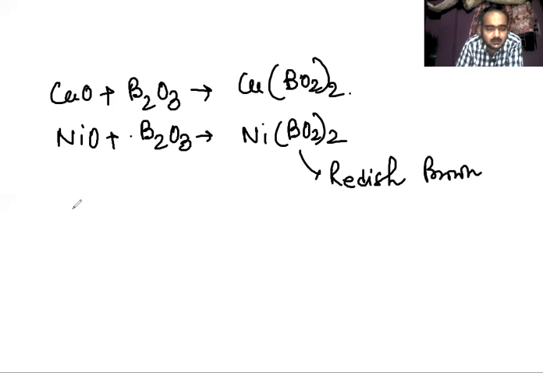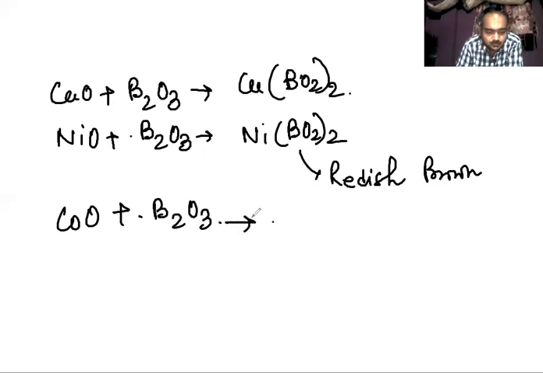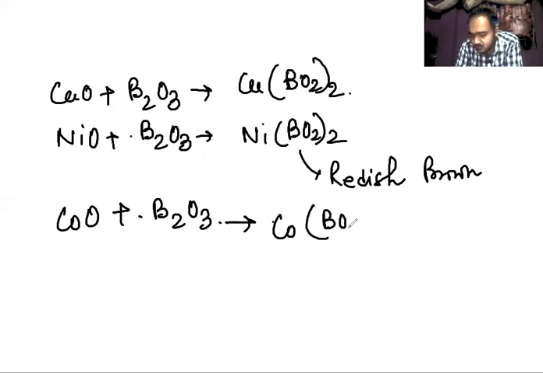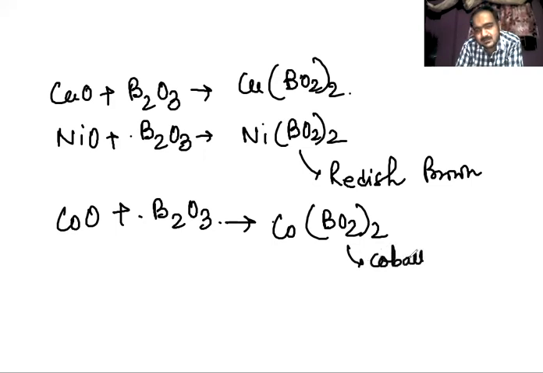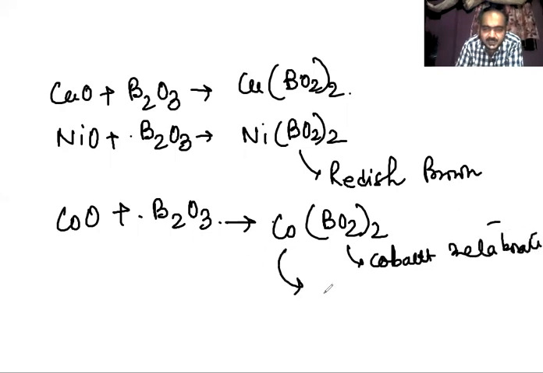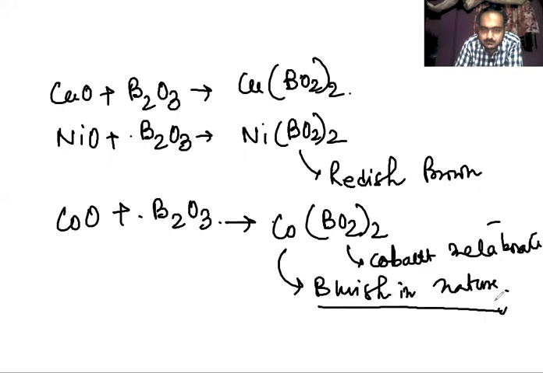Cobalt oxide plus B2O3 will produce Co(BO2)2, cobalt metaborate. It is bluish in nature. So this is the borax bead test actually.